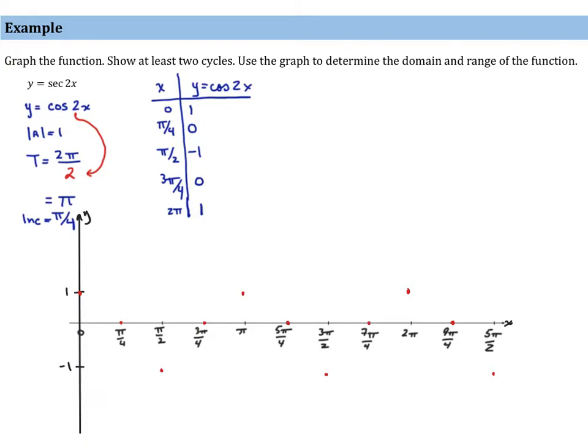We will use a dashed line because this is not the function that we are actually wanting.